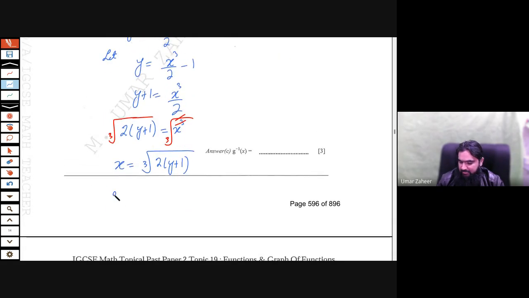So g inverse of x is equal to the cube root of 2 times, replace y with x, x plus 1.